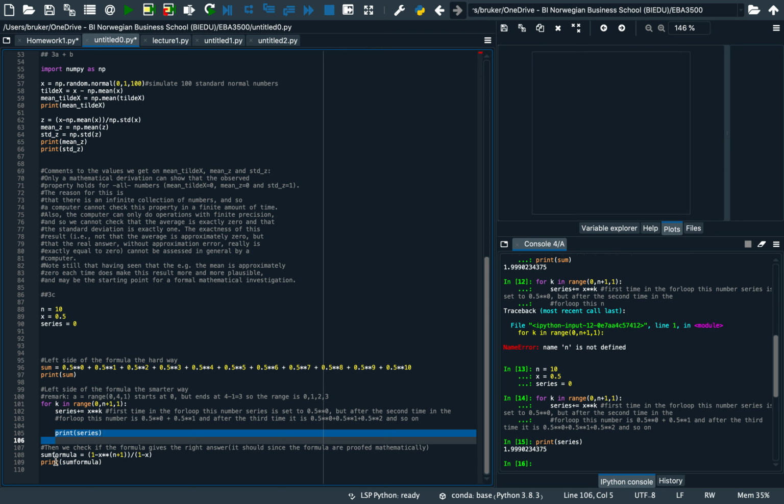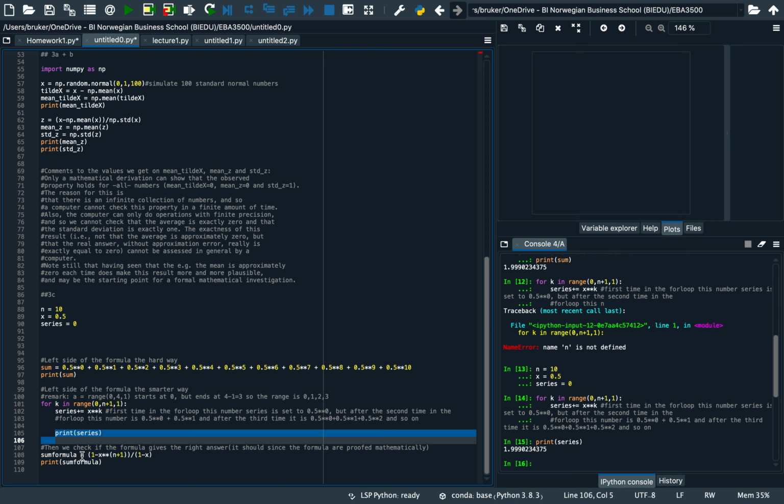So here we check if the formula gives the right answer. It should, since the formula is proved mathematically. We haven't proved it, but somebody else has done it, and therefore we can use it.